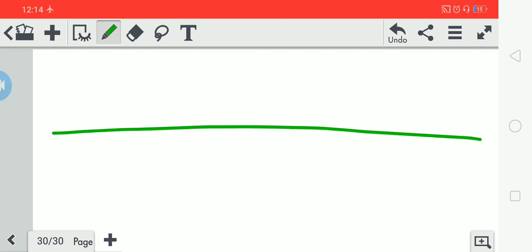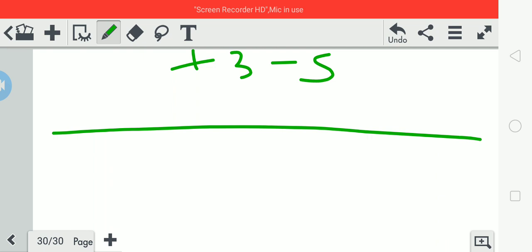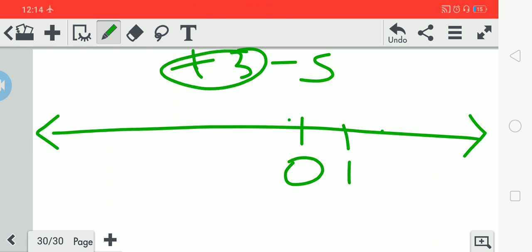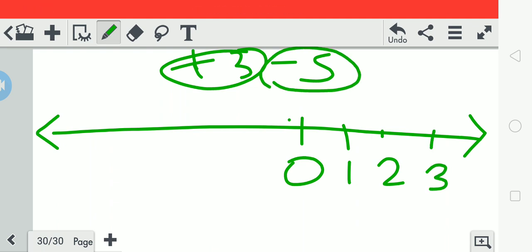So the second question is plus 3 minus 5. Simple, I am just exchanging the sign here. So the first number is now plus 3, right? So see, 0, 1, 2, 3. Now the second number is minus 5. Minus means 5 moves to the left side.